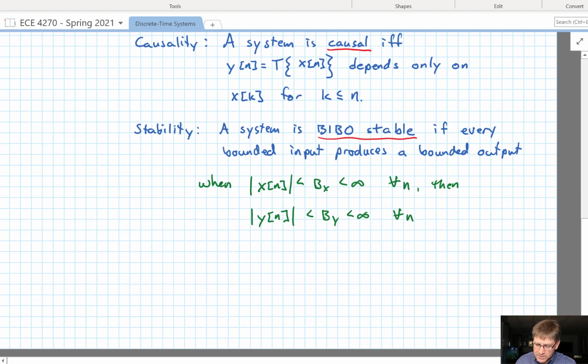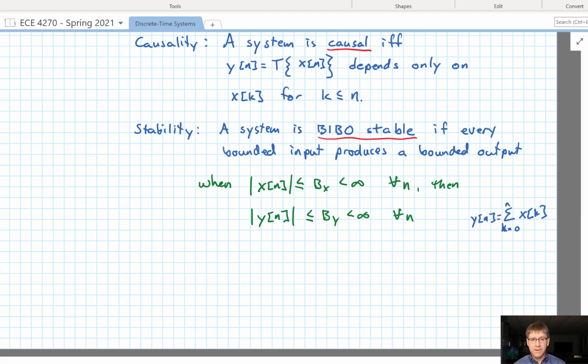An example of something that is not BIBO would be y[n] equal to the sum from k equals 0 to n of x[k]. So why would that be not BIBO stable? Well, assume that x is equal to 1. So that's fine. By the way, depending on the definitions, we can have a less than or equal there. So we'll just say x is equal to 1, so Bx is 1.